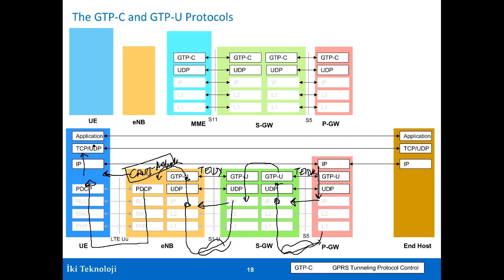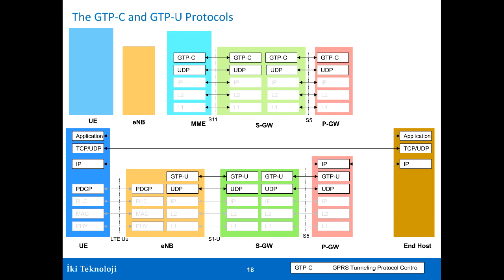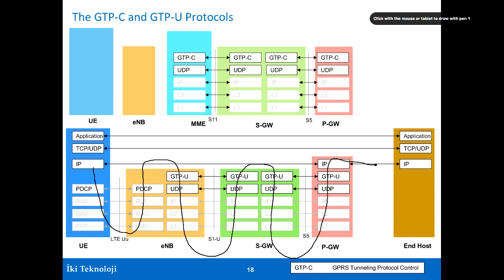So in the reverse direction, the exact opposite goes in. If he has got an IP packet, he says, oh, actually I'm called Ashok over the air, and he'll take this packet, put it in here, and the process will go around the other way. Obviously it comes in here, then goes down here, comes in, goes down, and then comes in and goes up all the way to Aisha.